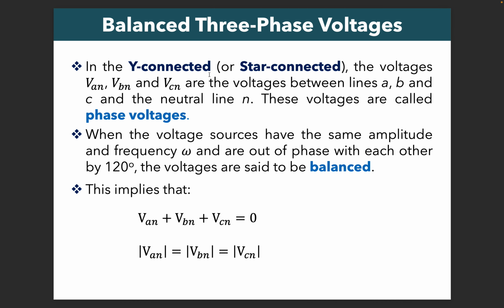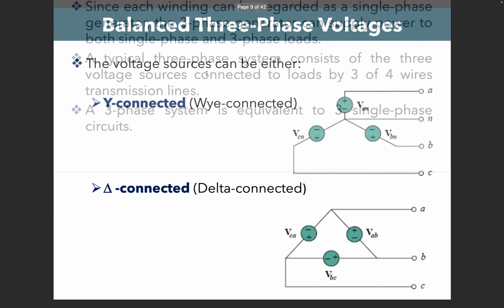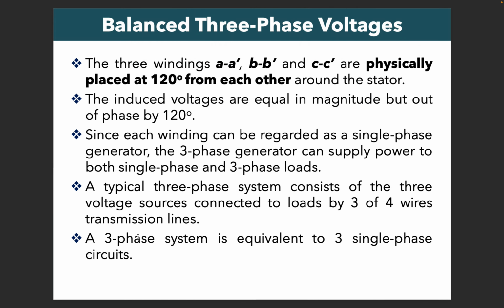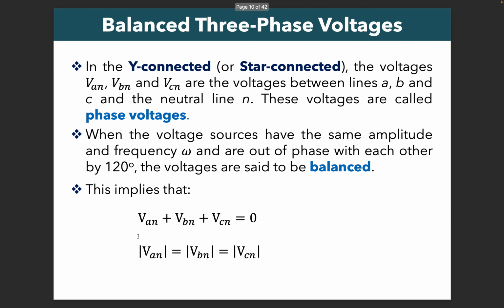So each phase voltage is referenced to a neutral position N. When the voltage sources have the same amplitude and frequency, represented by omega, and are out of phase with each other by 120 degrees, we can say that the voltages are balanced.